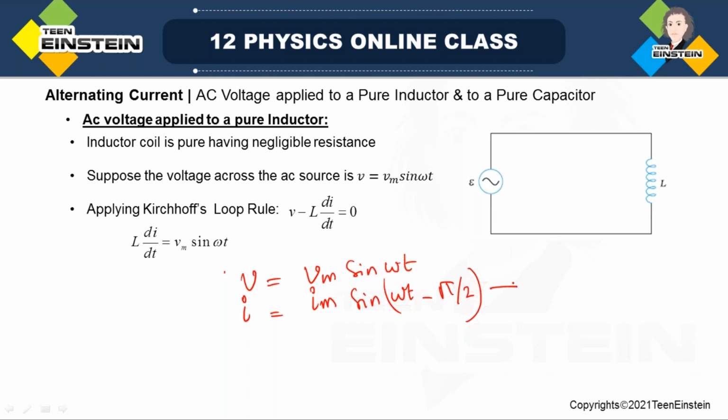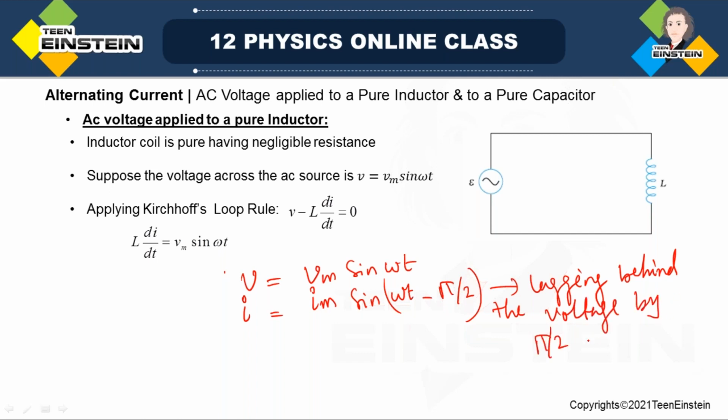That means your current is lagging behind the voltage by pi by 2 phase.